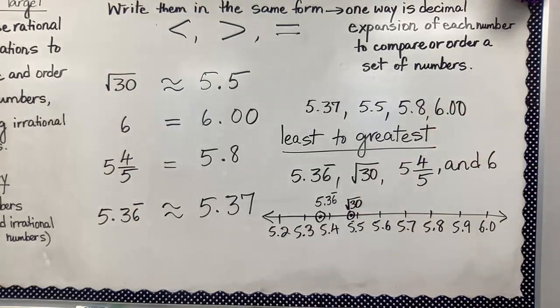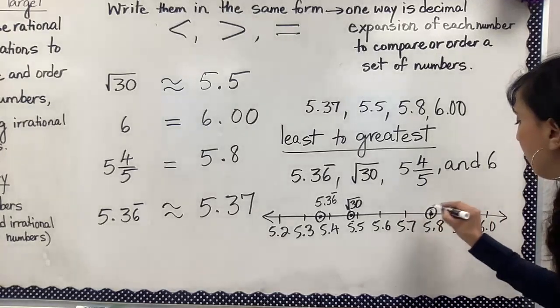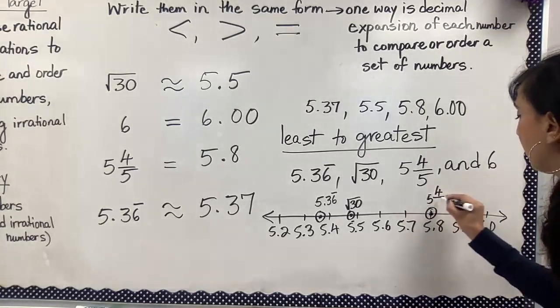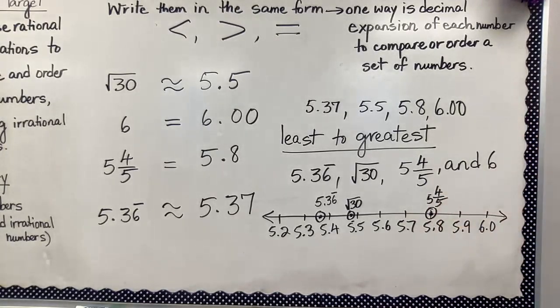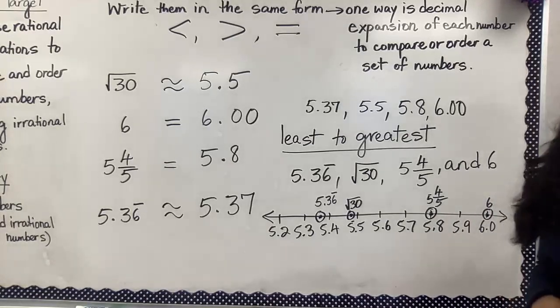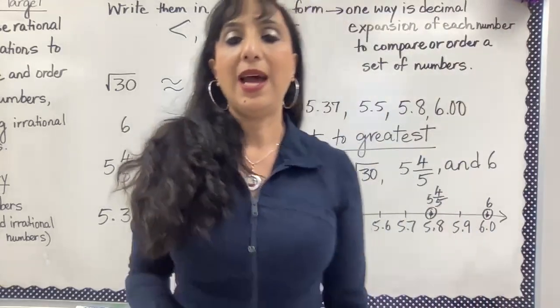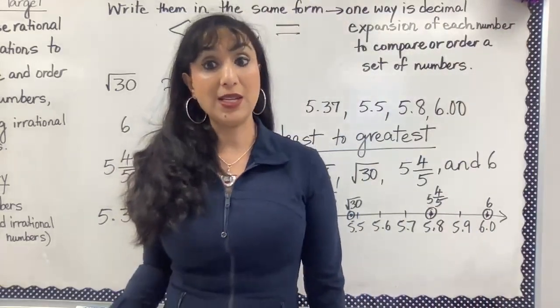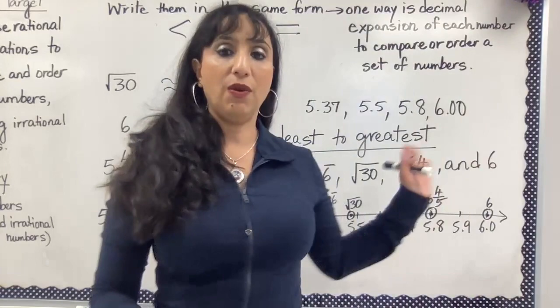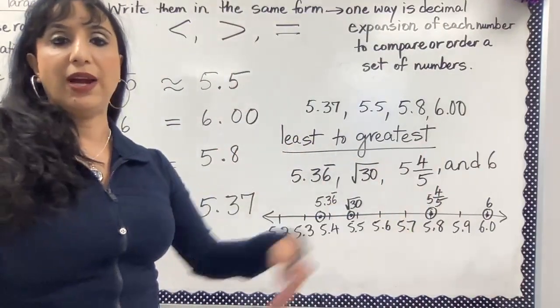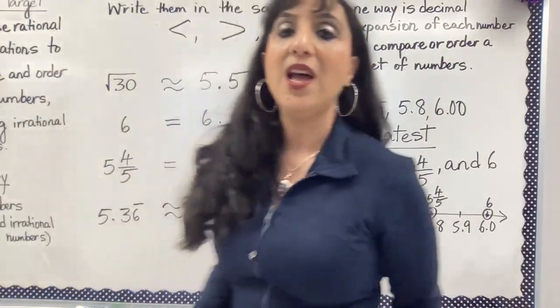Then 5 and 4/5 is here, and the last is 6, which is here. So look once again, placed in the correct order on the number line. As you can see, 6 is to the utmost right, and therefore that is the greatest number. So we graphed them in the correct order from the smallest to the largest.